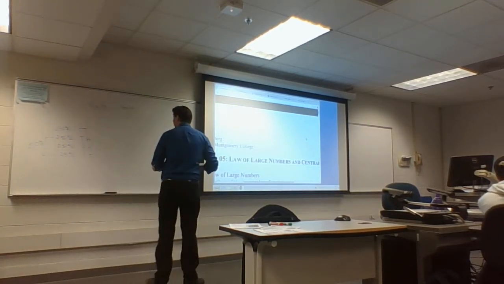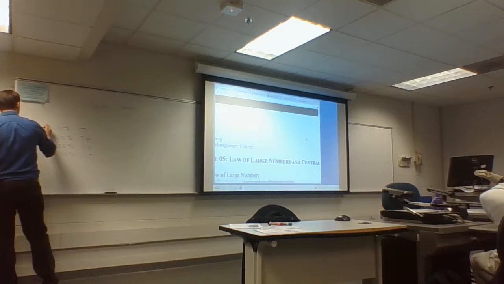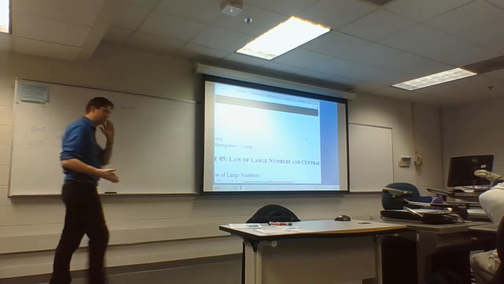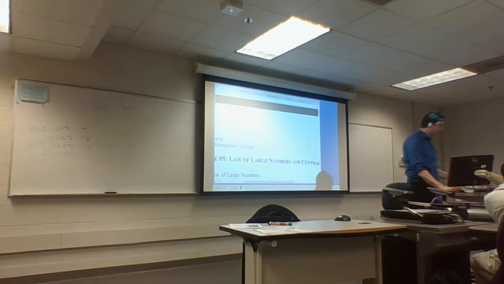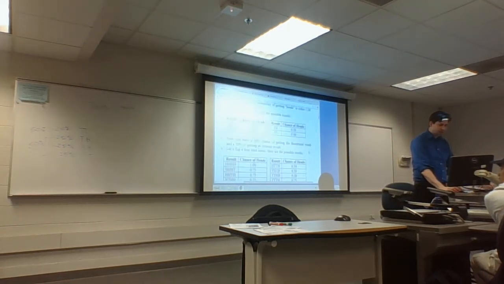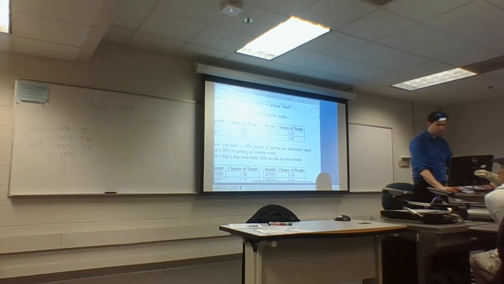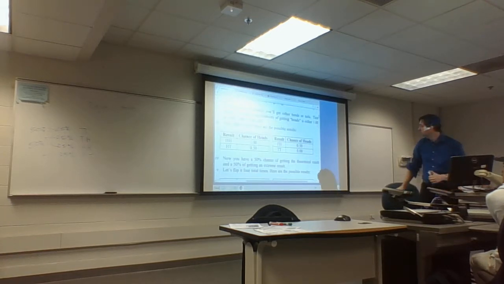But we have also a 50% chance of not getting the theoretical result. We have a 25% chance of getting something that is way too high, and we have a 25% chance of getting something that is way too low.